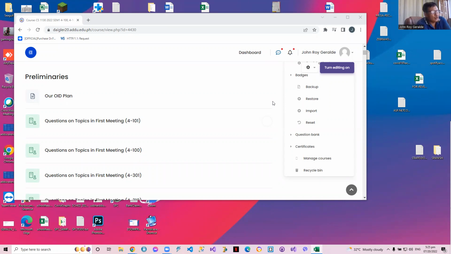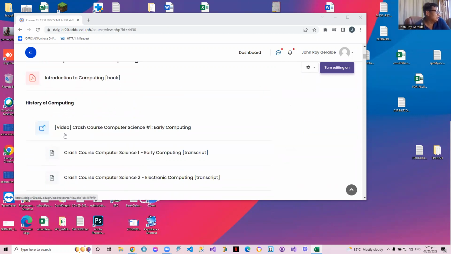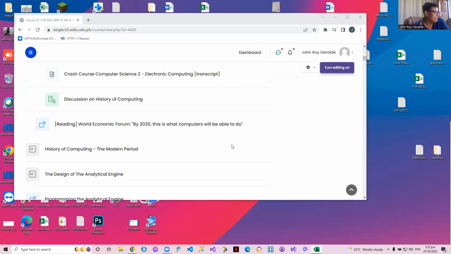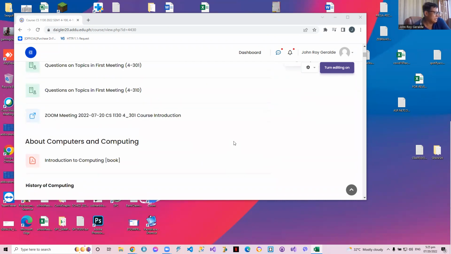Okay. This is an introductory course. This is used to introduce you to the different topics or subject areas that you will take later in your course, which means that this is a sneak preview of the courses that you will take up in the future. If you've downloaded our syllabus, the sequence is very similar to our contents in Daigler.